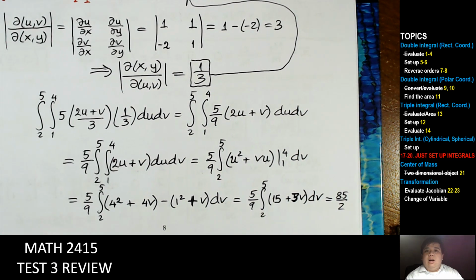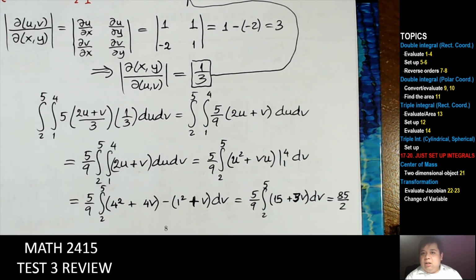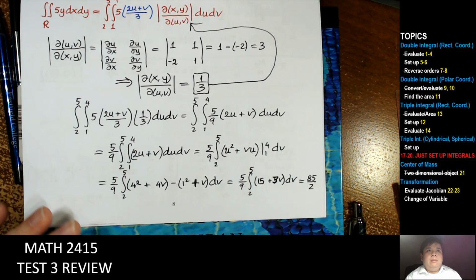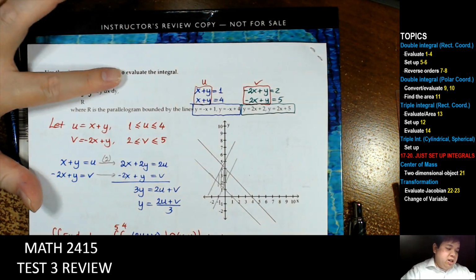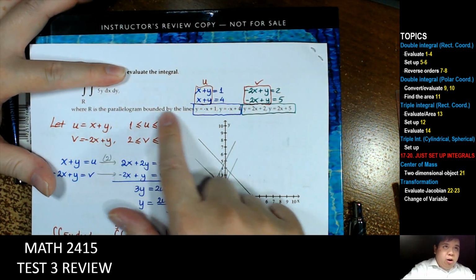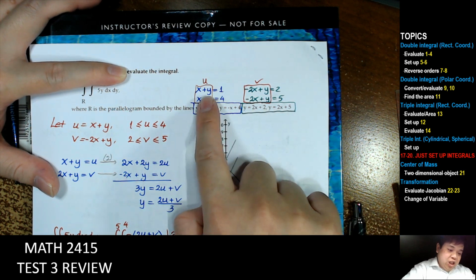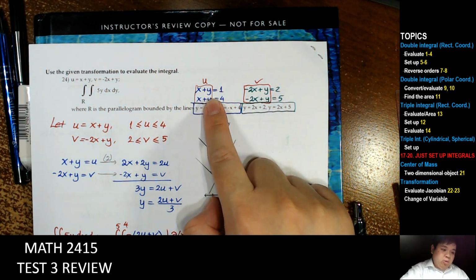Right, let me zoom out and see the whole problem. So, change of variable. Again, we don't even need to be given this. From the limits, we can deduce that u is better to be x plus y.